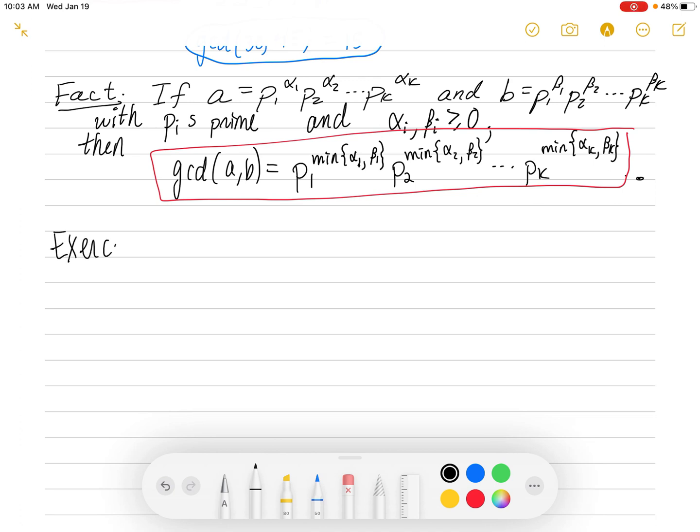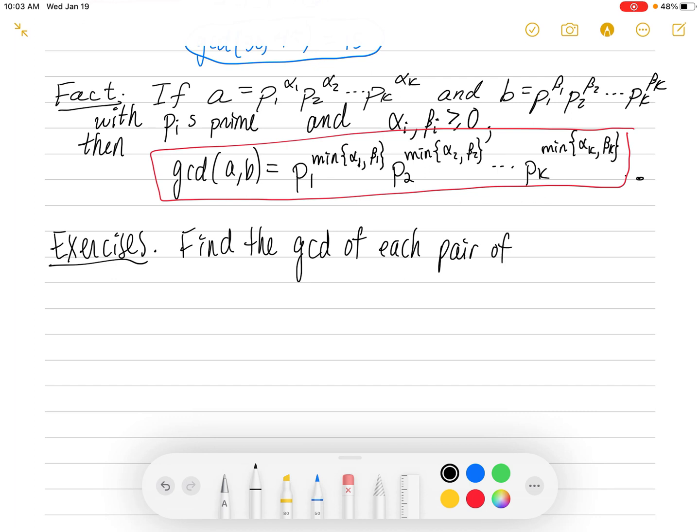Now let's see how exactly this works. Exercises. Find the GCD of each pair of integers.